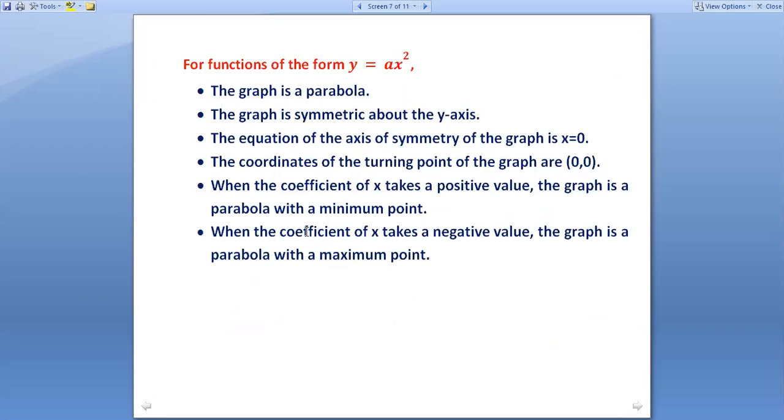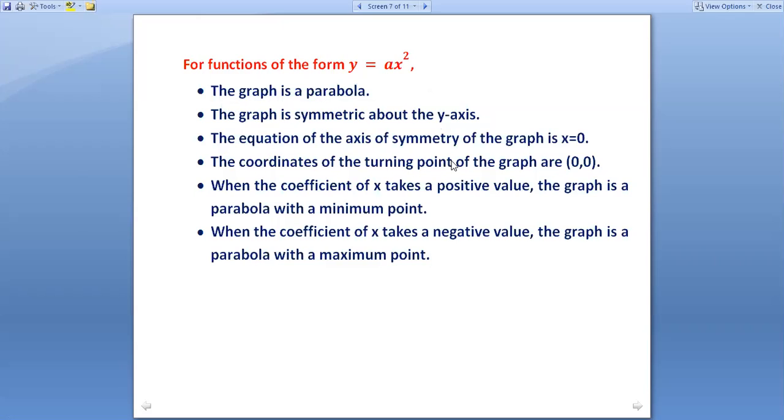Okay, so now we have learned both the graphs of the functions of the form y equals ax squared when a is a positive value and when a is a negative value. So there are common properties for both of these graphs. For the graph of the function of the form y equals ax squared, the graph is a parabola. And also the graph is symmetric about the y-axis.